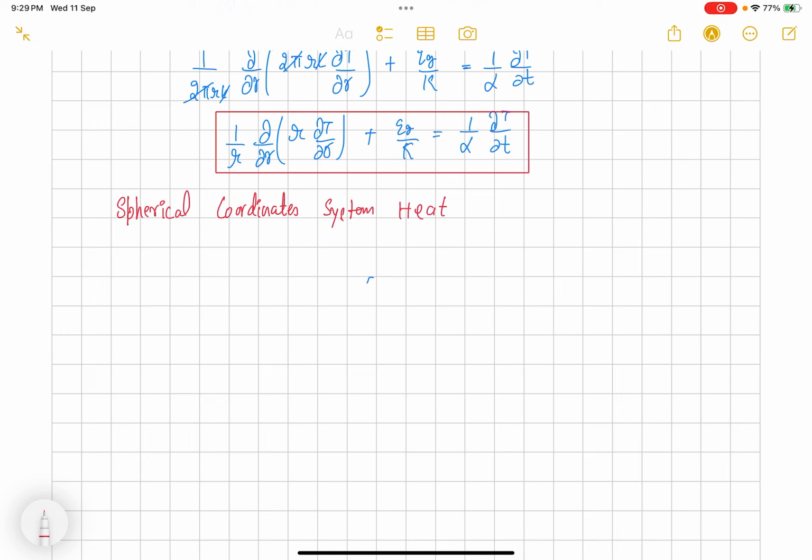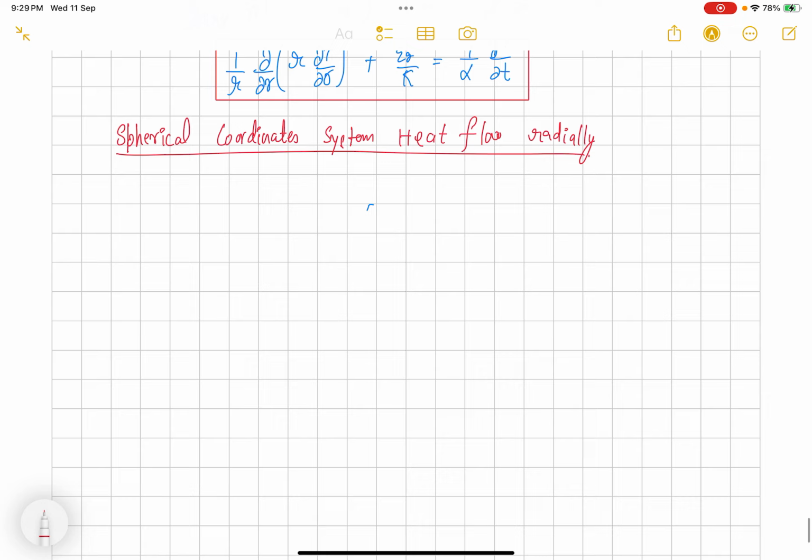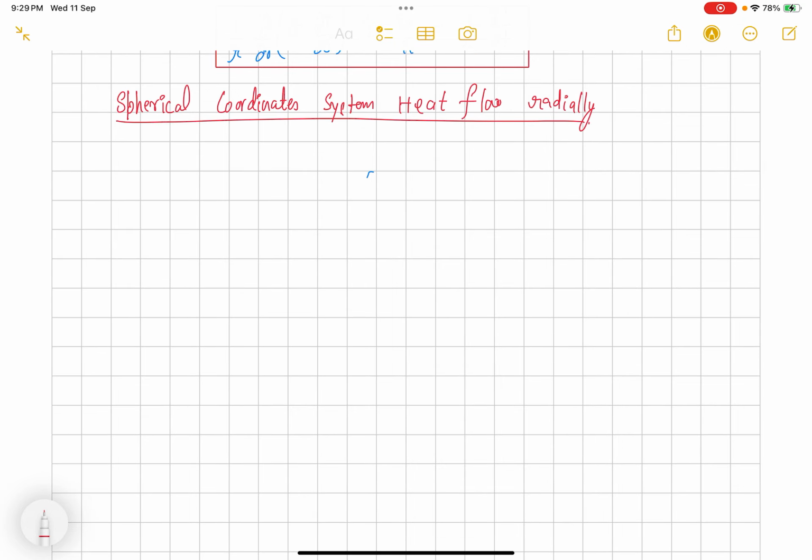And heat can flow only in the radial direction for the case of the spherical coordinate system. Mind that. Okay. So in general, heat can flow only in the radial direction.